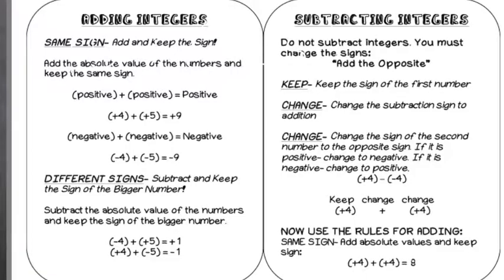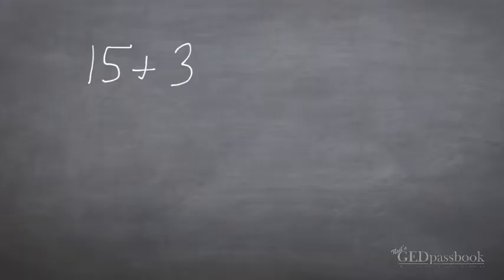15 plus 3. Well, this one's pretty straightforward, but hey, we have to start off with the simplest ones anyways. The rule says if you are adding numbers and they happen to have the same sign, you add and keep the sign, which means here it's an addition problem, obviously, because of the plus. Do your numbers have the same sign?